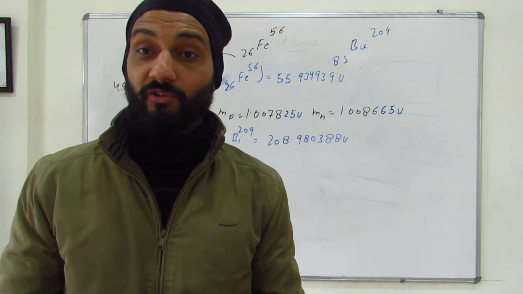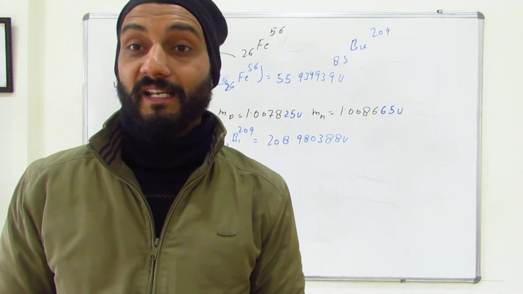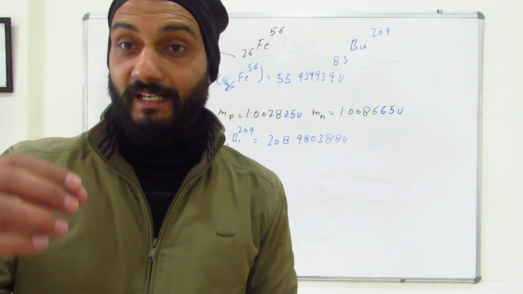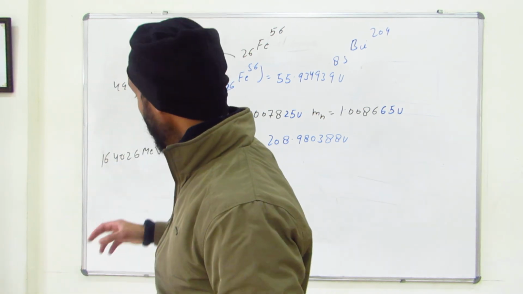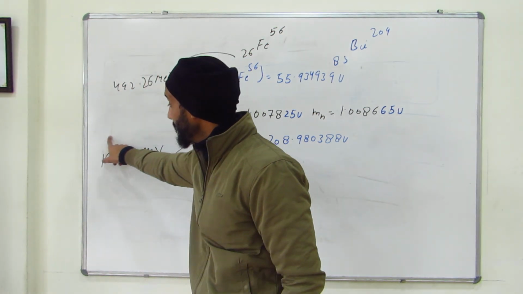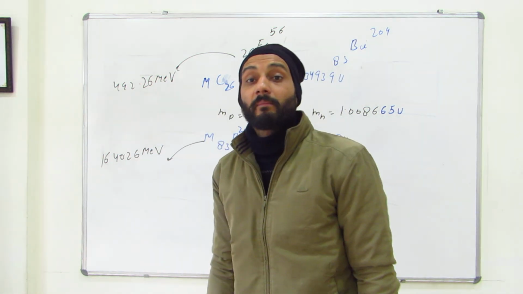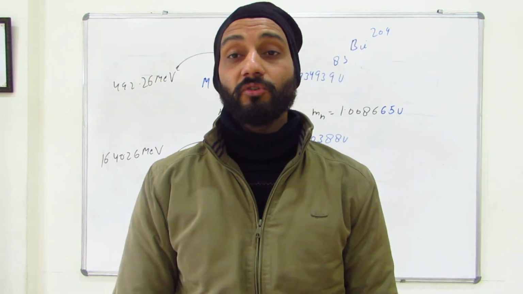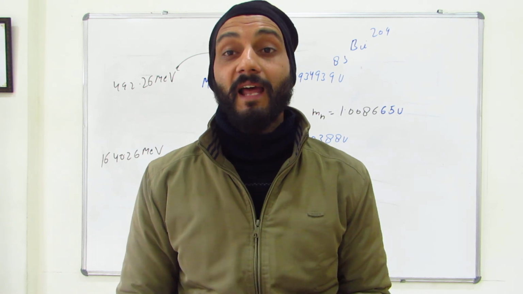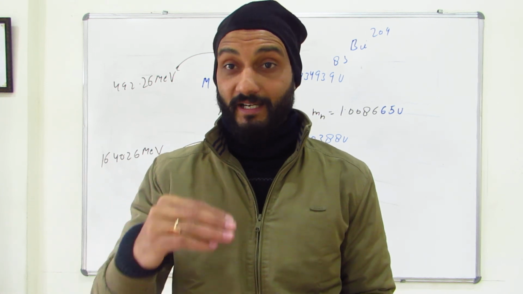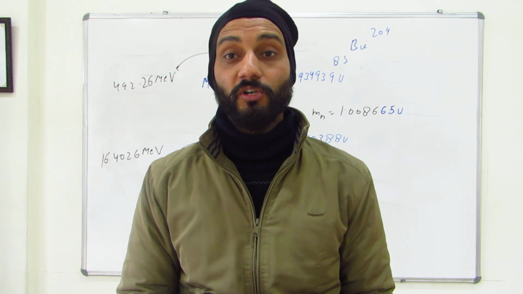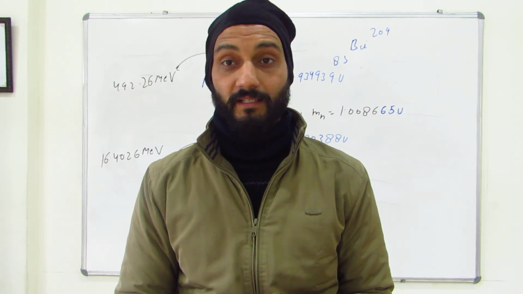So what I was telling you, that iron has the highest binding energy per nucleon. Here you could see that the binding energy of this nucleus is more as compared to the iron. But if you calculate the binding energy per nucleon, then in that case iron will have a greater value, and it has the maximum binding energy per nucleon as compared to any other nucleus, right?